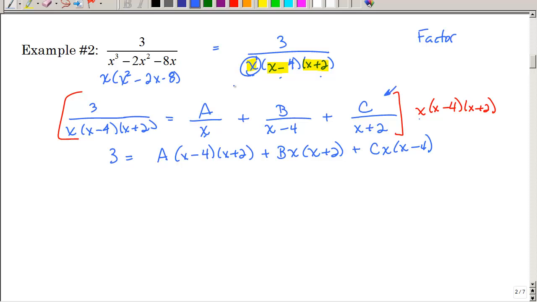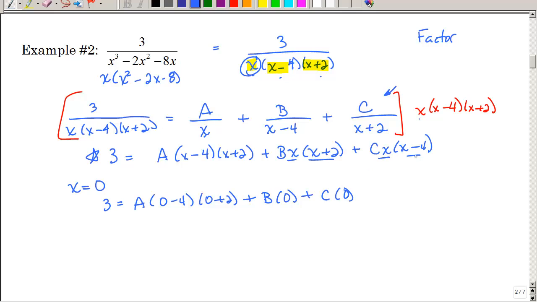I come back up here to my denominators and let those be 0. Here's my equation. Everywhere there is an x, I'm going to put in 0. And that's going to become 0, so it really doesn't matter about that part.